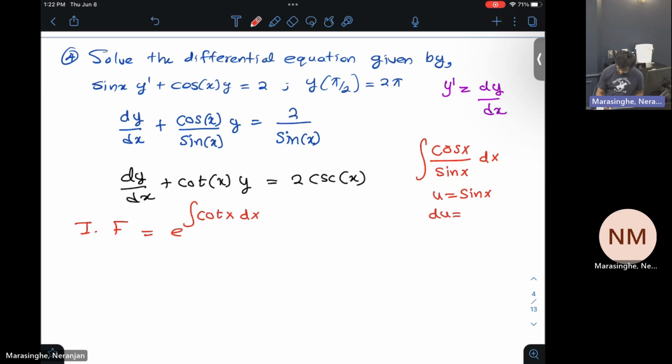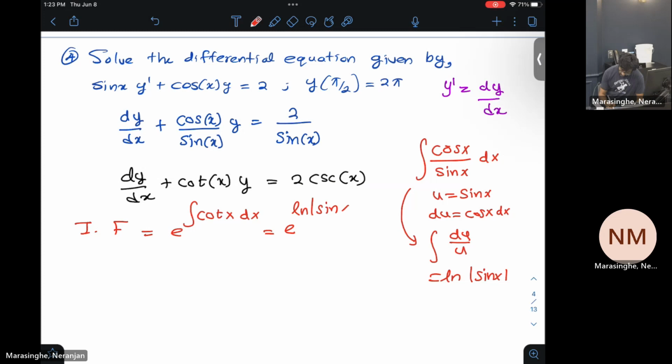Then du is equal to cosine x dx. So this is equal to the integral of du over u, which is natural logarithm of u, ln sin x. So this is the integral of cotangent. So we get the exponential of natural logarithm of sin x, which is equal to sin x.